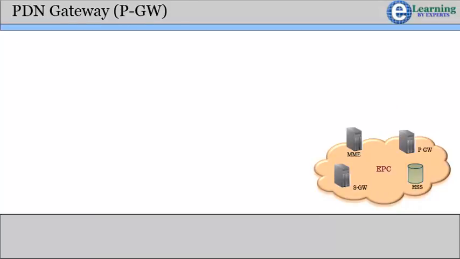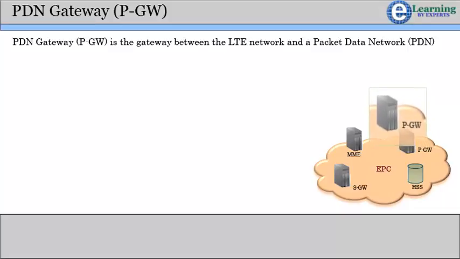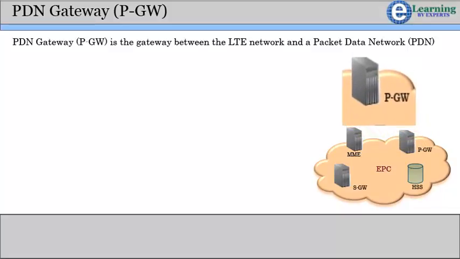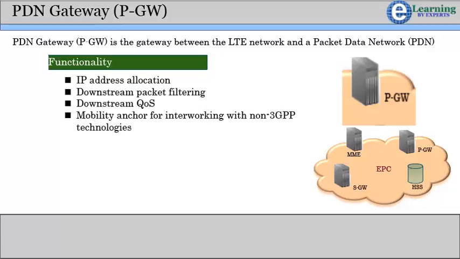The PDN Gateway, PGW, is the gateway between the LTE network and a packet data network, PDN. While the PGW functions primarily as a router for user traffic, there are some significant functions the PGW performs on behalf of the UE. These functions include IP address allocation for the UE, packet filtering of downstream user traffic to ensure it is placed on the appropriate bearer path, enforcement of downstream quality of service, QoS, including the data rate.